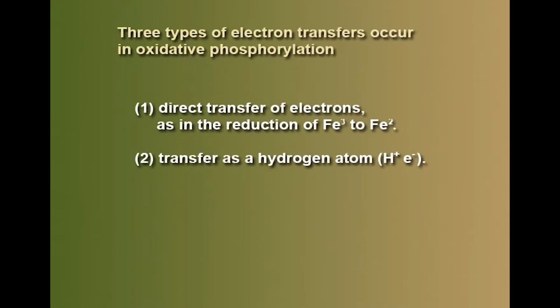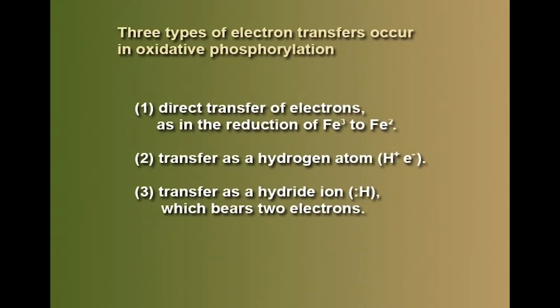So, along with the transfer of each single electron of a hydrogen atom, there is also a transfer of a proton from the matrix to the outer membrane. And the third type of transfer is as a hydride ion which bears 2 electrons. So, the term reducing equivalent is used to designate a single electron equivalent transferred in an oxidation reduction reaction.